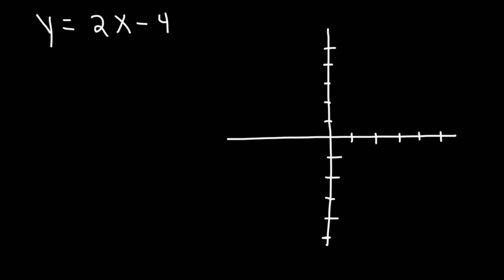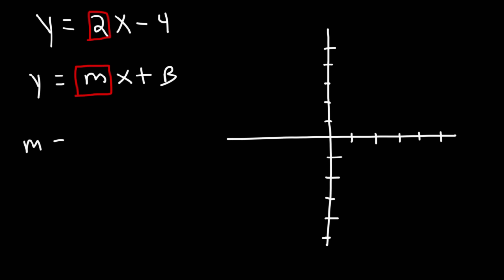The first thing we need to identify is the slope and the y-intercept. This is in y = mx + b form. It's in slope-intercept form. So we can see that the slope is equal to 2, and the y-intercept is -4.